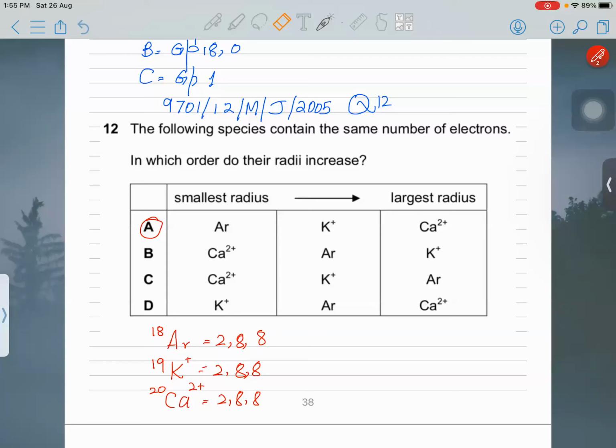Argon doesn't have any charge. Potassium has plus 1 charge. Calcium has plus 2 charge. So as the positive charge increases, size decreases, ionization energy increases. Are you getting my point or not?